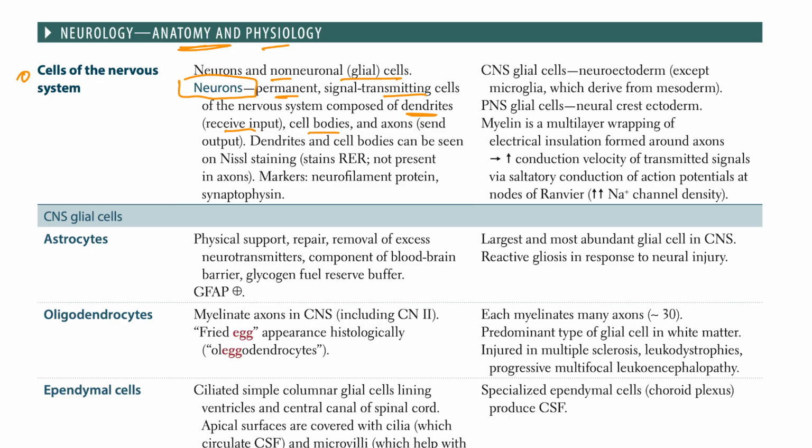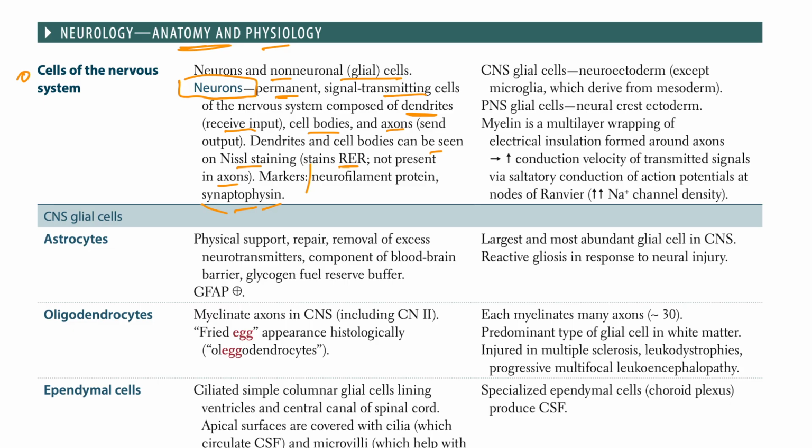You have a cell body, you have the axon which sends the output. Dendrites and cell bodies can be seen on the Nissl staining, which stains the rough endoplasmic reticulum not present in axons. Markers are high yield, which are neurofilament protein and synaptophysin.